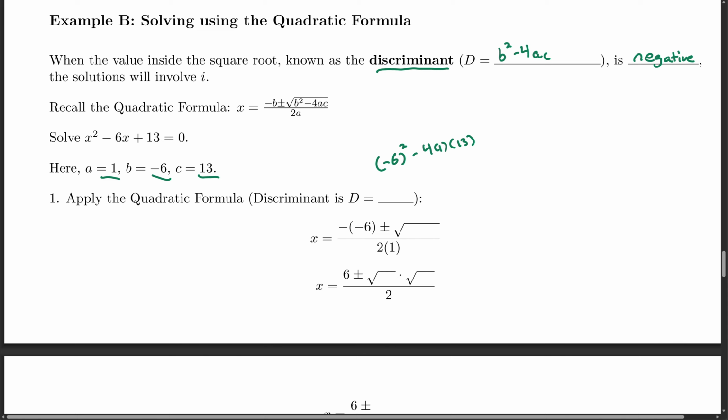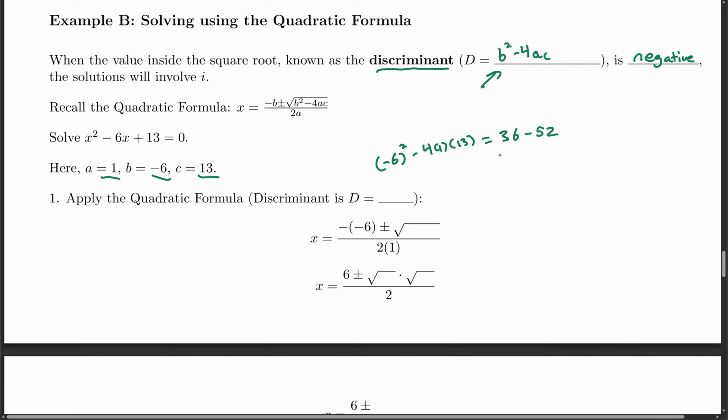Okay, so I'm using this formula, and I'm going to see if the answer is positive or negative. And that's going to give us 36 minus 4 times 13, 52.